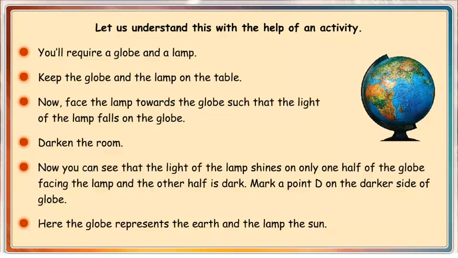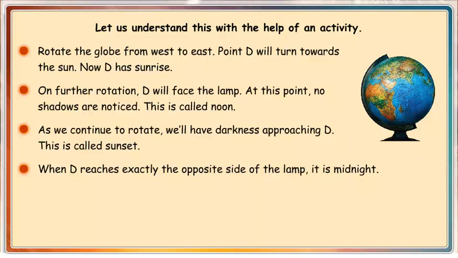Darken the room. Now you can see that the light of the lamp shines on only one half of the globe facing the lamp and the other half is dark. Mark a point D on the darker side of the globe. Here the globe represents the Earth and the lamp the Sun. Rotate the globe from west to east. Point D will turn towards the Sun.